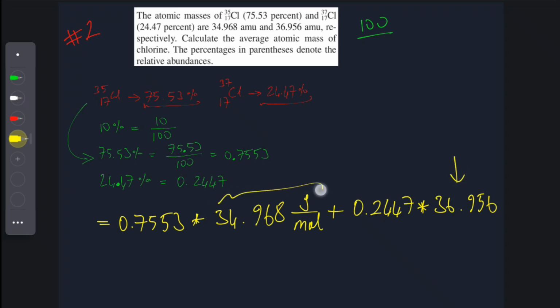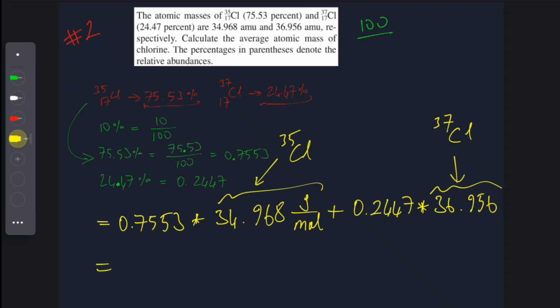So these are the isotope masses. This is chlorine 37 and this is chlorine 35.